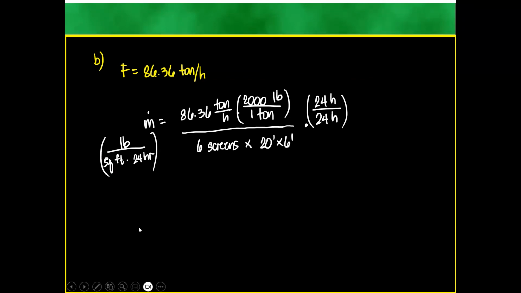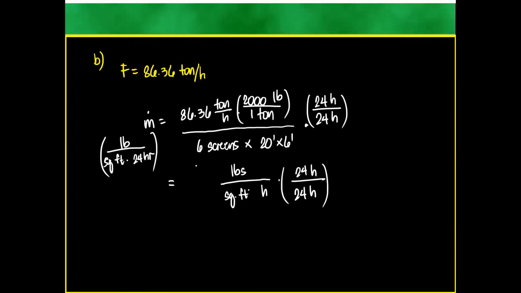The units that I have at the moment is pounds per square feet hours because of the hours at the bottom. But what's being asked is for every 24 hours. So if I place 24 hours at the bottom, I just multiply by 24 hours on top. Right? So, like this.